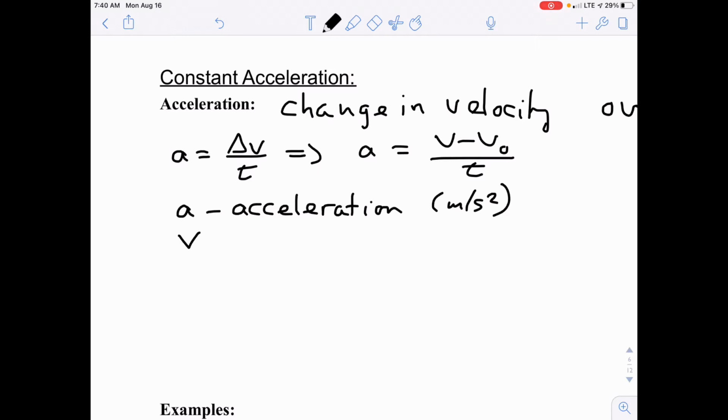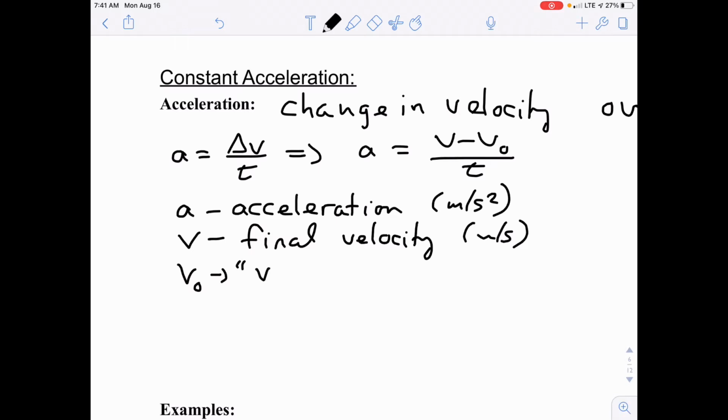Your V in the equation stands for the final velocity. Now, the final velocity is the second velocity mentioned in the problem. When you see V sub 0, that's always going to be pronounced as V naught.